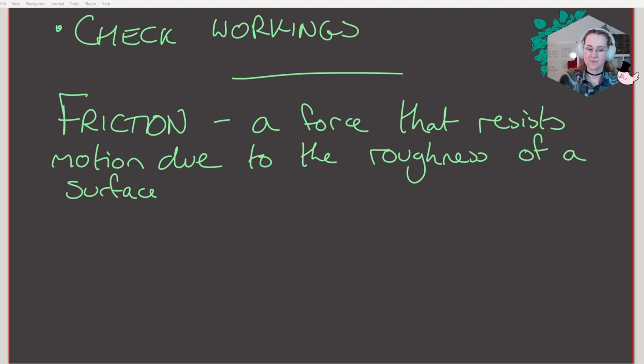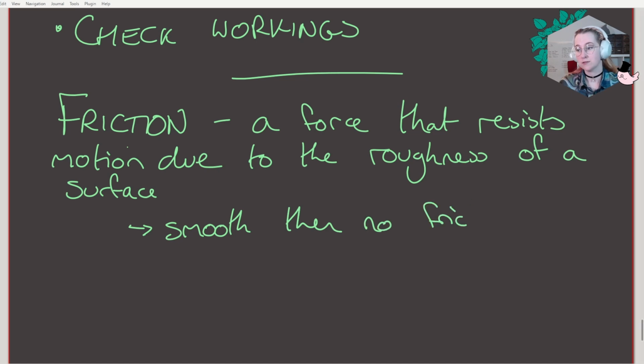Friction. Yeah, comes up a lot in mechanics problems just because it's a really fun one. So if something is said that it is smooth, then no friction. If something is explicitly stated as rough, then yes, friction.